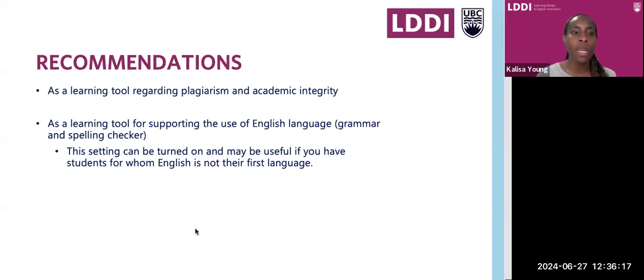So the main recommendation, especially considering the similarity report, is just to allow the students to view this similarity report. As Eduardo was saying, it is an option that you would need to enable, so that they see it immediately.